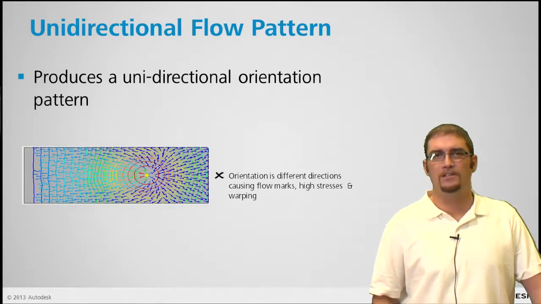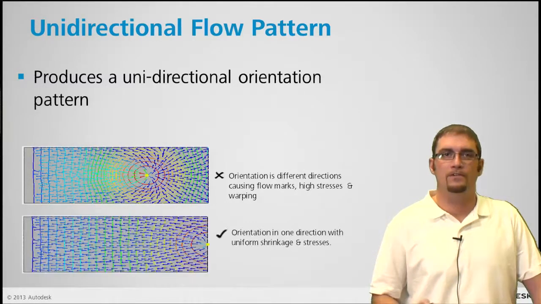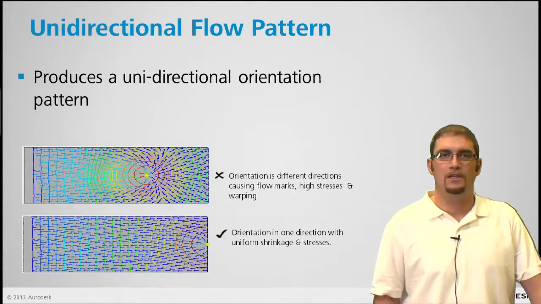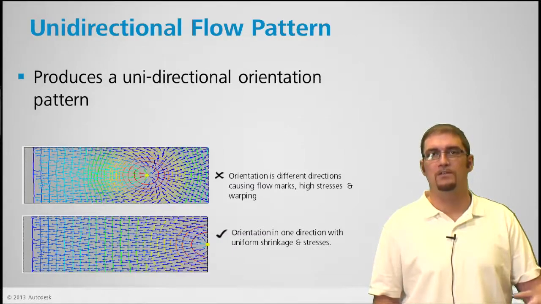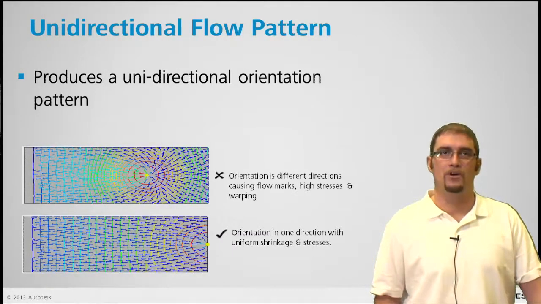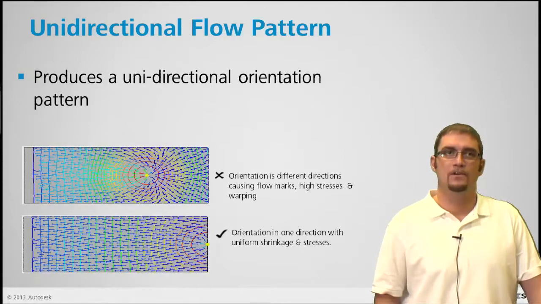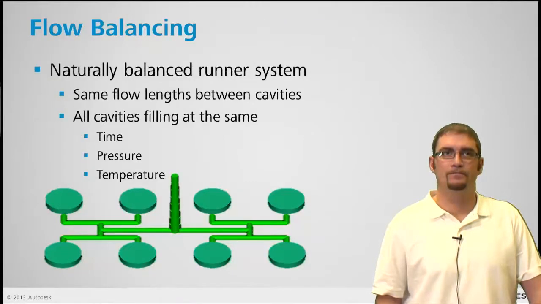So in a lot of these cases, uniformity is going to be the key objective. This one is a lot more uniform. It's kind of uniform orientation, a lot more uniform shrinkage from region to region in the part. So this is one of the design principles for you.